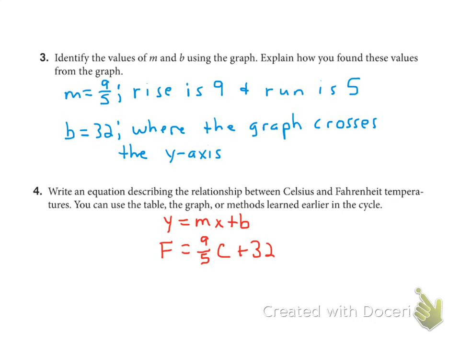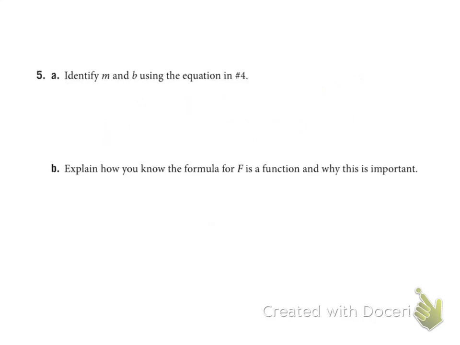Number 5. Identify the M and B using the equation in number 4. Well, this seems kind of silly. Going back to the equation in number 4 we just found, what was M? 9/5, and B was? 32.